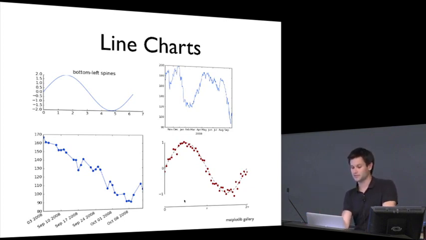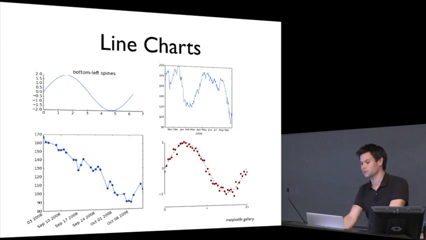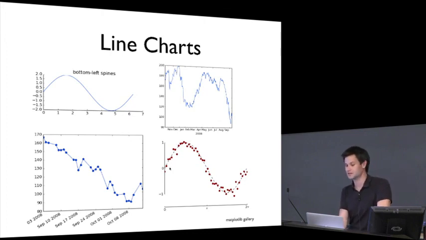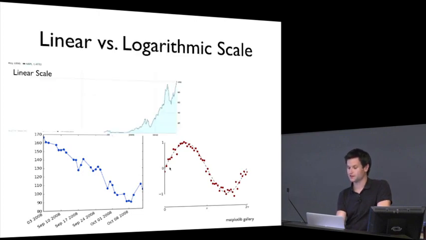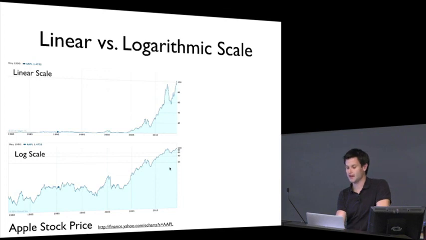Here, as time is continuous, we have time on the x-axis. Also, mathematical functions are continuous. So if we have a sine function, then of course the best way to plot it is to go for a line chart. And if you have measured data, of course you can try to fit the actual mathematical function behind it.